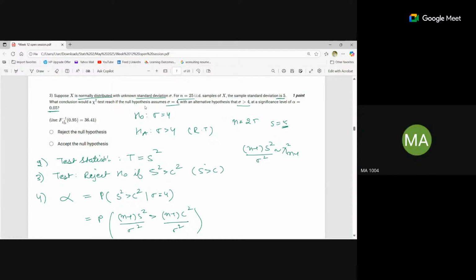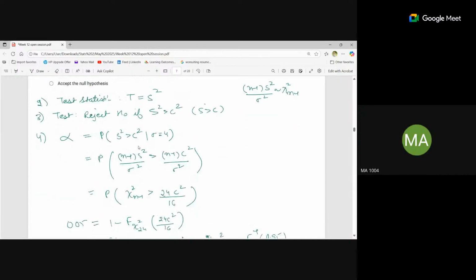Yeah, but what are we testing? What are my null and alternative hypotheses? Is sigma greater than 4? So we are actually testing for the variance and the sample standard deviation, correct? Okay, you got the point.